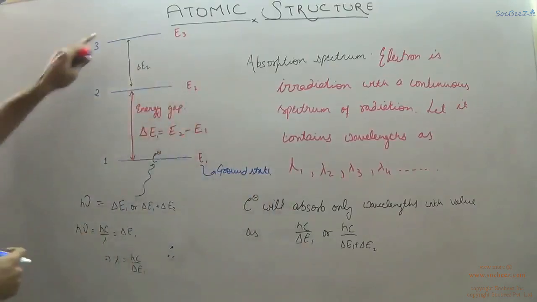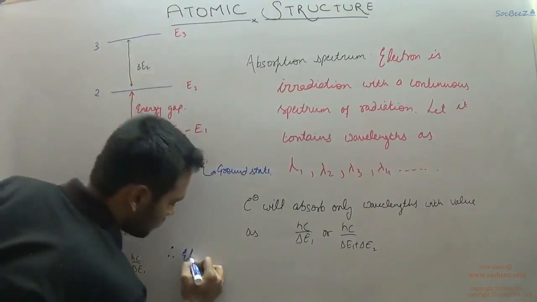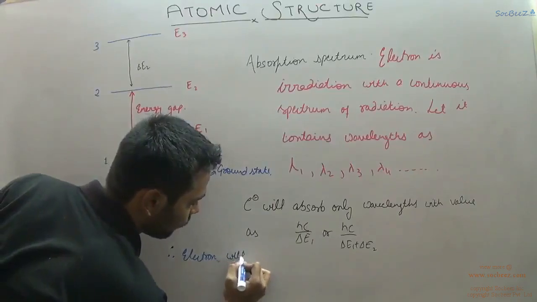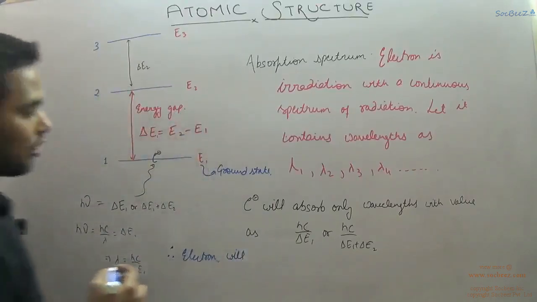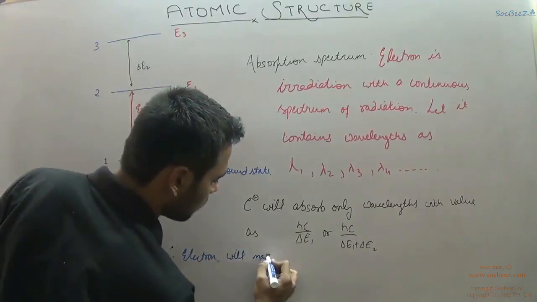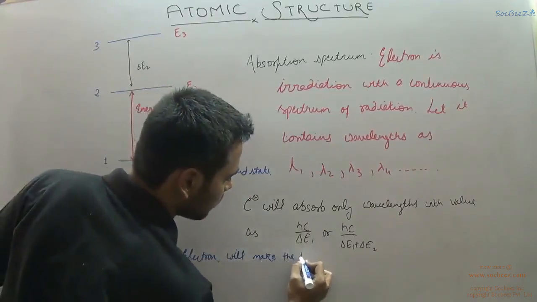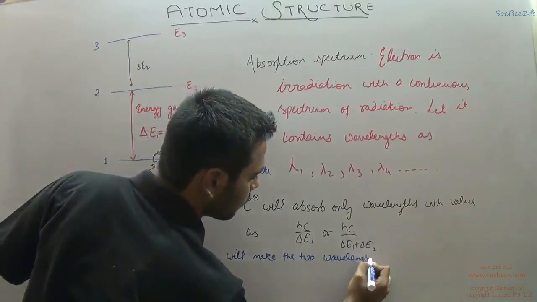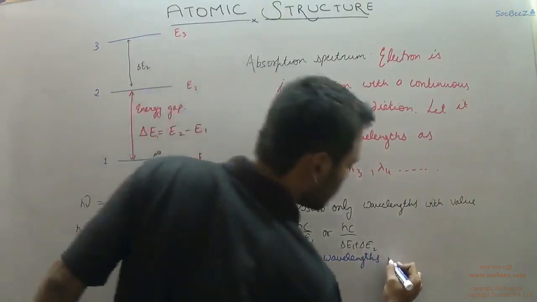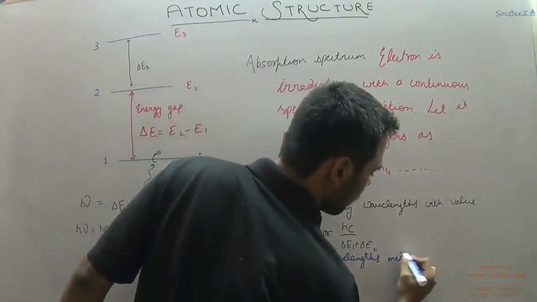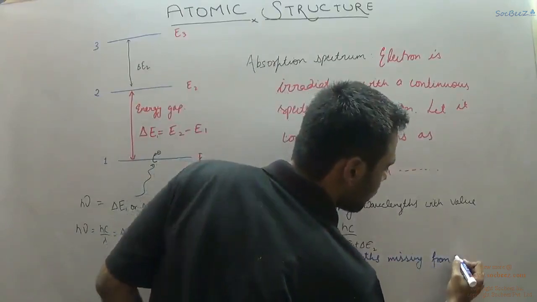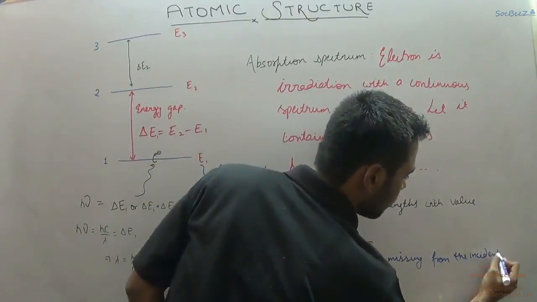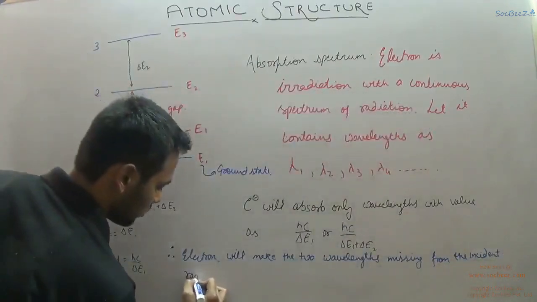In this particular case, the electron will make the two wavelengths missing from the incident radiation.